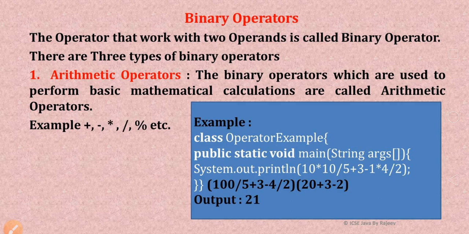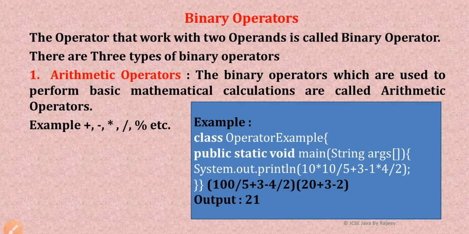So let's see an example. If you see this expression, system.out.println 10 into 10 divided by 5 plus 3 minus 1 into 4 divided by 2. Here 10 into 10 will be 100, divided by 5 plus 3 minus 1 into 4, 4 divided by 2.